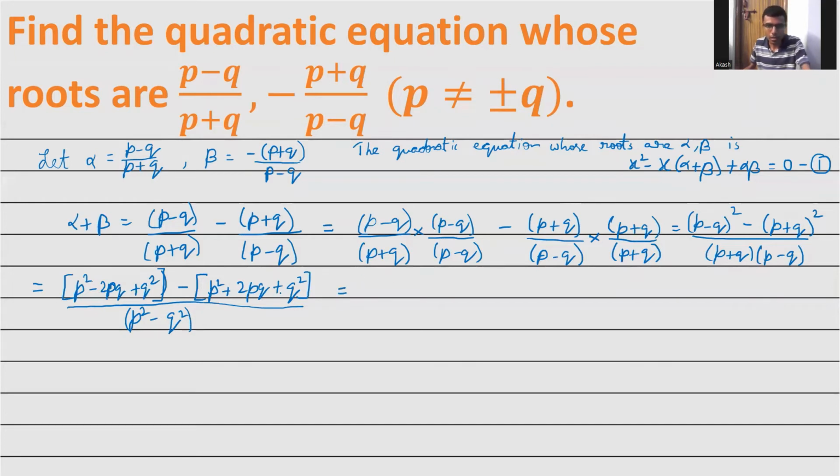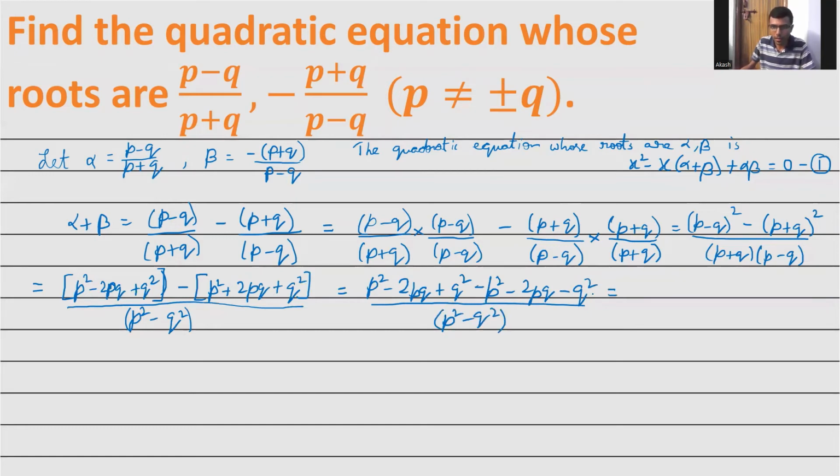Now observe. I'll just expand and show you; it will be quite easier. There would be p square minus 2pq plus q square, and if I multiply this minus sign with all three terms, I'd be left with minus p square minus 2pq minus q square, divided by p square minus q square.